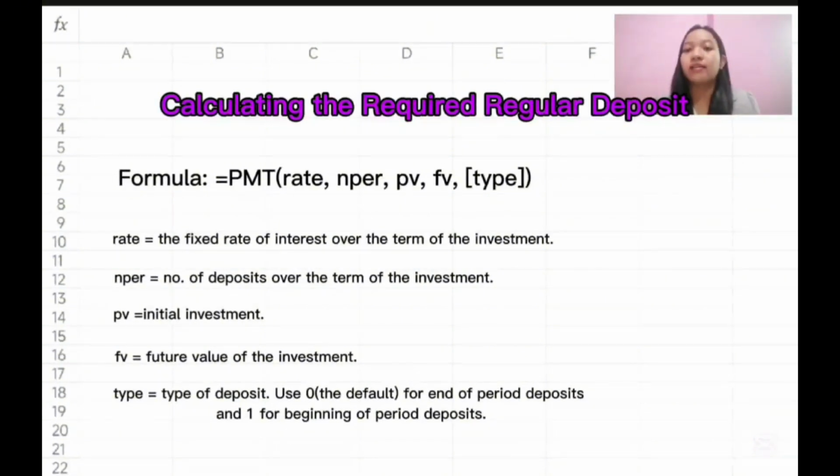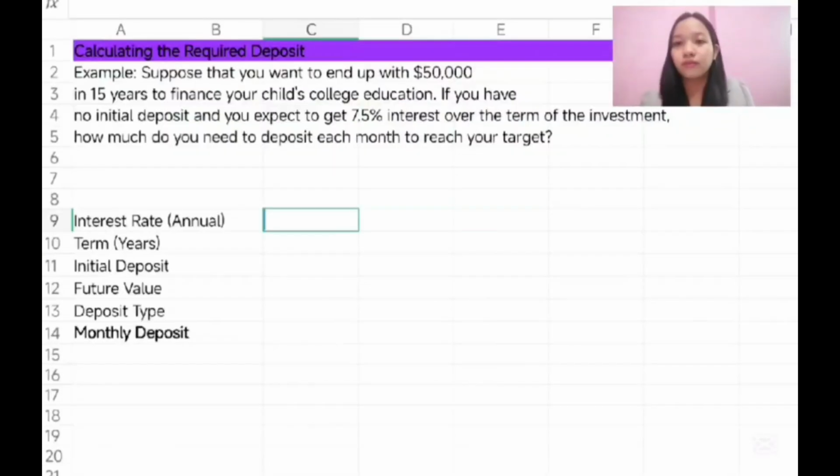NPER is the number of deposits over the term of investment. PV is the initial investment, FV is the future value of the investment, and type is the type of deposit, and we use 0, the default, for end of the period deposits, and 1 for the beginning of period deposits.